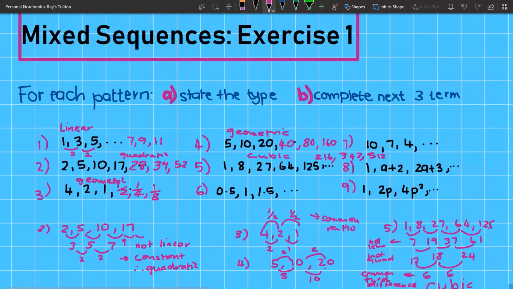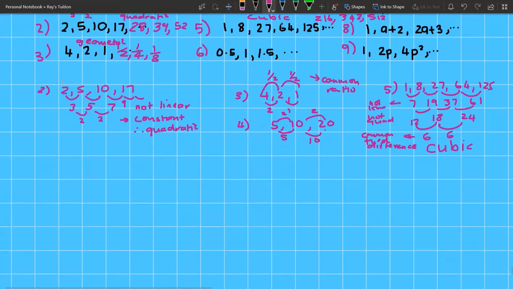Okay, so let us look at number 6. So number 6, I'll just write it out here. So we have 0.5, 1, 1.5. So we can see there's no common ratio. There's no number that we can multiply by that will give us the next term all the same time. So it's not geometric. Let us look at our differences then. So we have 1 minus a half is 0.5, and 1.5 minus 1 is 0.5.